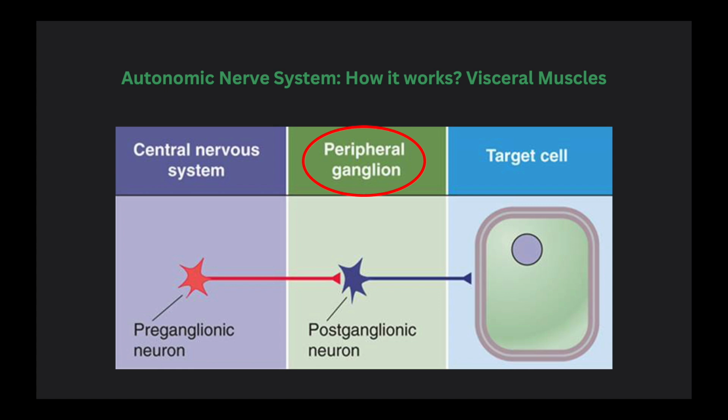So the nerve fiber that is traveling from central nervous system to this ganglion is called the preganglionic neuron, while the one which travels from this peripheral ganglion to the target cell is called the postganglionic neuron. So remember, somatic nervous system, one nerve, single messenger. However, in autonomic system, there is one extra ganglion which has to be crossed before the signal reaches the target cell.